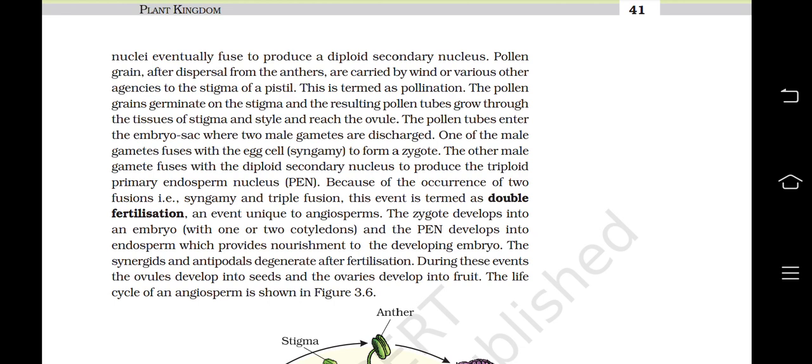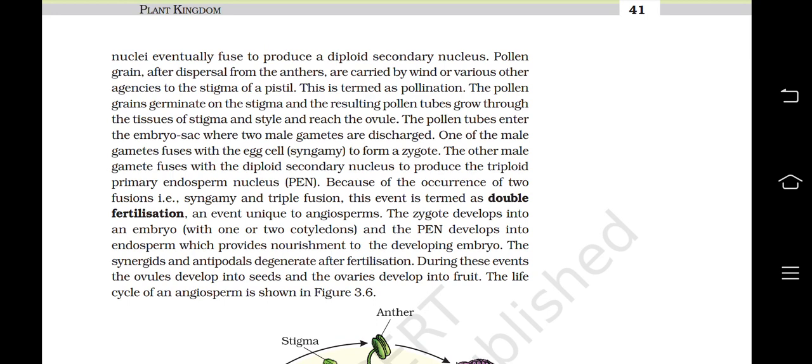Pollen grains, after dispersal from the anthers, are carried by wind or various other agencies to the stigma of a pistil. This is termed pollination. The pollen grains germinate on the stigma and the resulting pollen tubes grow through the tissue of stigma and style and reach the ovule.